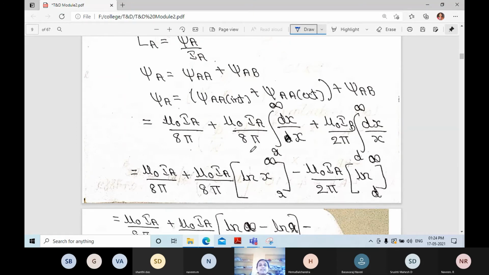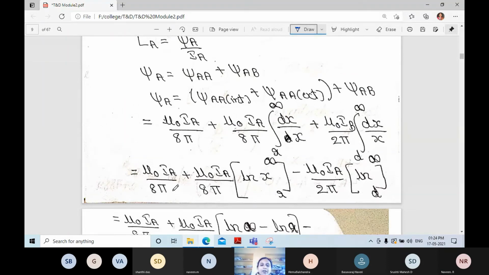When you consider the second conductor, they take the distance between the two conductors to infinity. So mu naught IA divided by 8 pi dx divided by x plus mu naught IB divided by 2 pi dx divided by x. When you integrate that equation, what will you get?